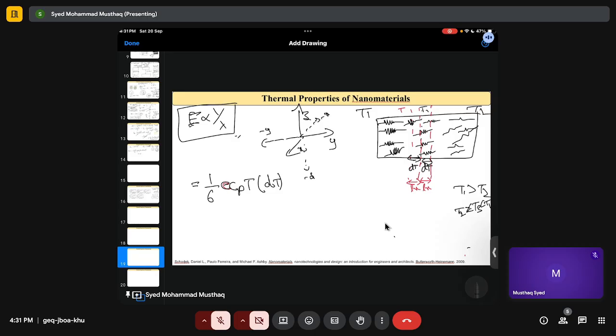Then what is the flux of phonons that has traveled from one plane to another, let's say this is plane 1, this is plane 2? What are the phonons that have transferred from plane 1 to plane 2? That is given by rho, T upon x. This is T plus dT.